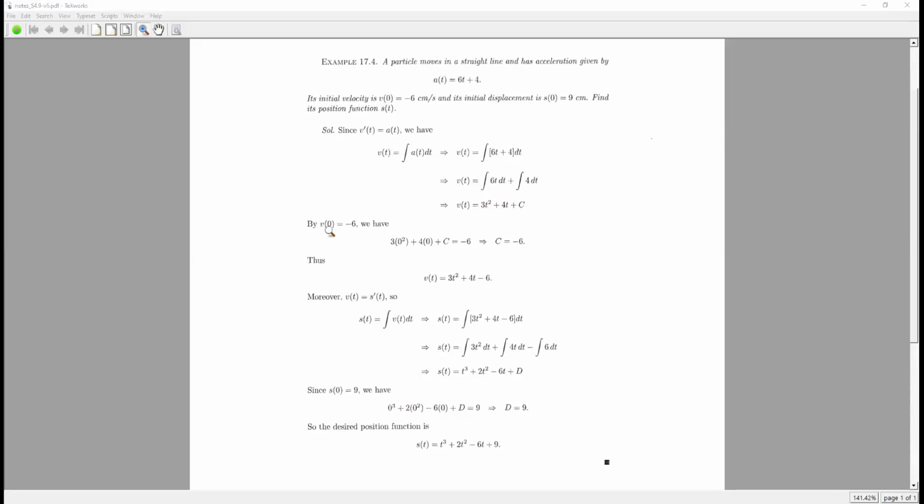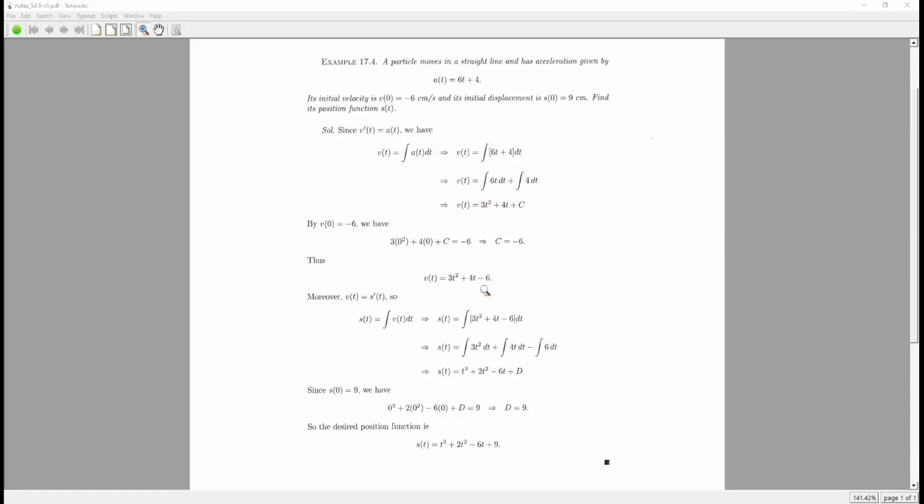When time is 0, initially velocity is -6. So plug in 0 for t. Set the result to -6. Then we get this equation. Therefore, c is -6. So the velocity that satisfies this initial condition is this velocity.